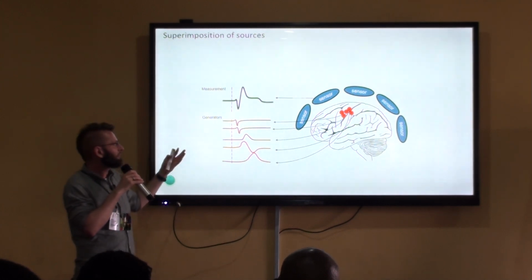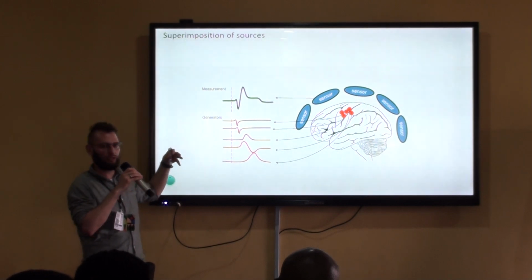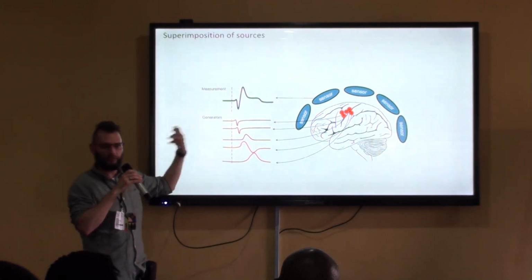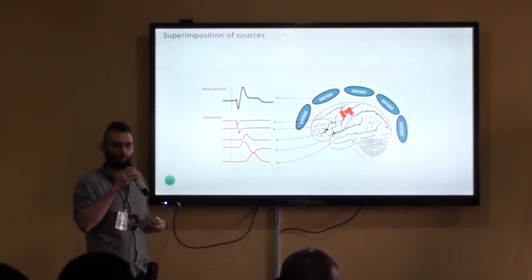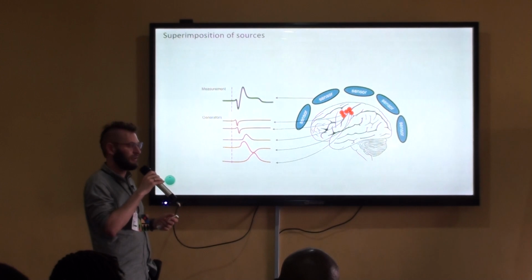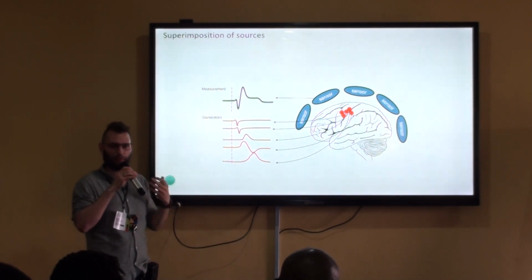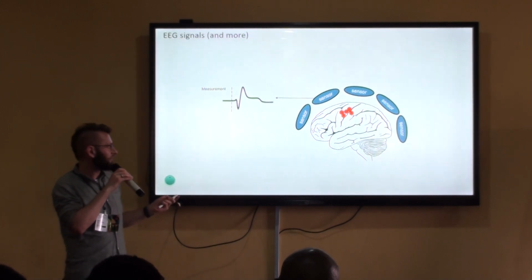But that also means that when we look at our measurement at the scalp, we should be careful not to make bold statements like: because I see this peak here, it has to be this area of the brain that is responsible for this, at least not without some other prior information that can reinforce this notion.